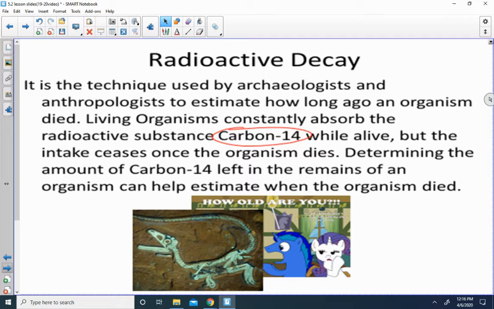So let's say when the dinosaur was alive, it had 10 grams of carbon-14. And then a million years later, or a billion trillion years later, it only has maybe 1 gram of carbon-14 left. You can use a little bit of mathematics to determine, oh, this dinosaur died a trillion some years ago, just to give you an example. But let's go into the specifics of how we compute that.